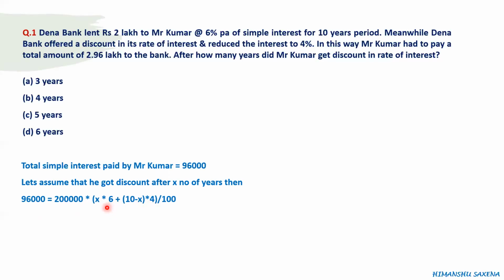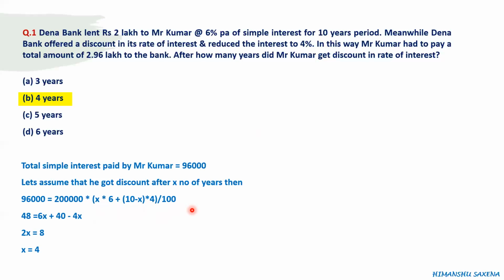So if he has paid a 6% interest rate for X years, then he would be paying a 4% interest rate for 10 minus X years, because the total period was 10 years. If you solve this equation, you will find the value of X, which would be equal to 4. So our answer would be 4 years. So Mr. Kumar got the discount in the rate of interest after 4 years.